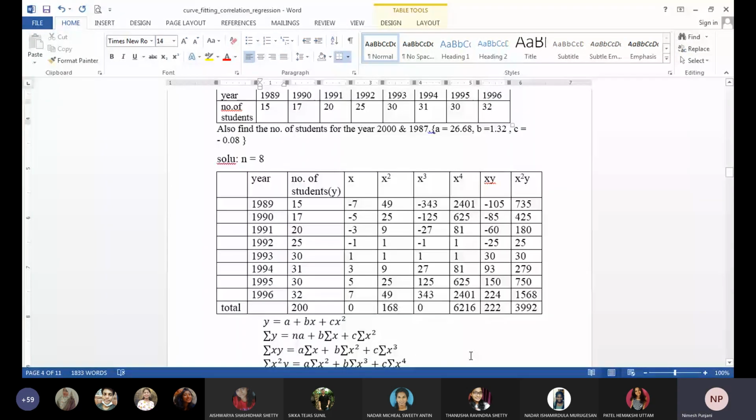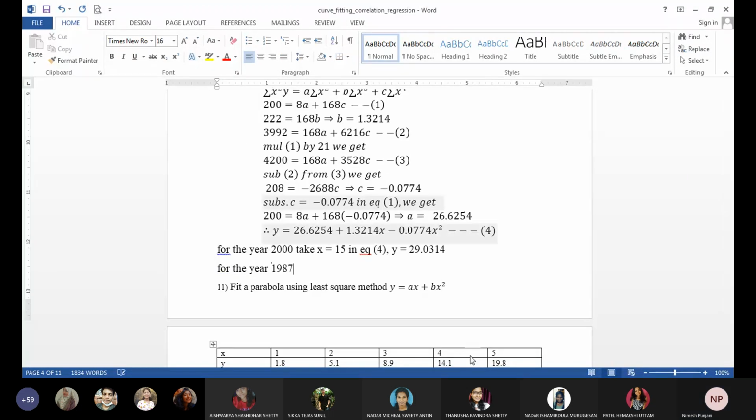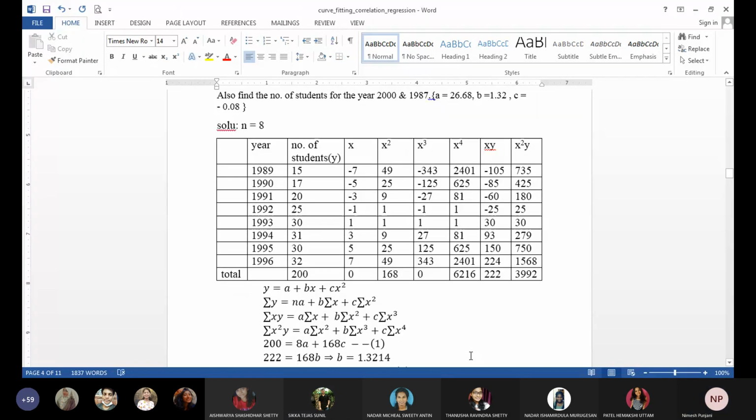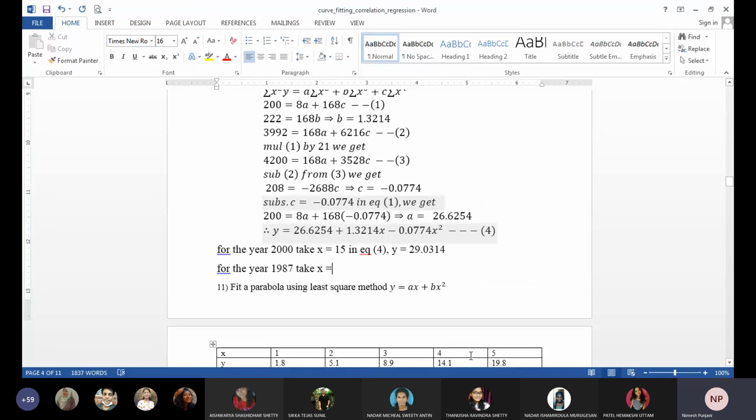And for the year 1987, what would be the value of x? Okay, I'll scroll up the table. For the year 1987, what should be the value of x? Minus 11. Good. Again, you will take it in equation 4.